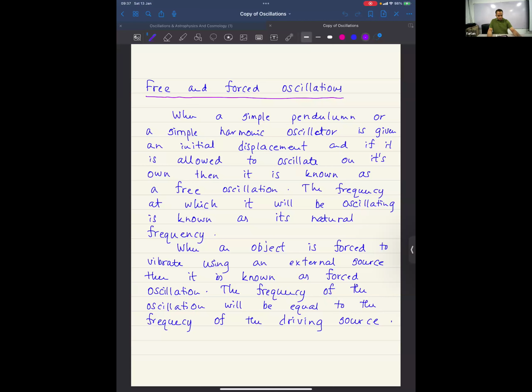And right below that, separately: when an object is forced to vibrate using an external source, then it is known as forced oscillation.